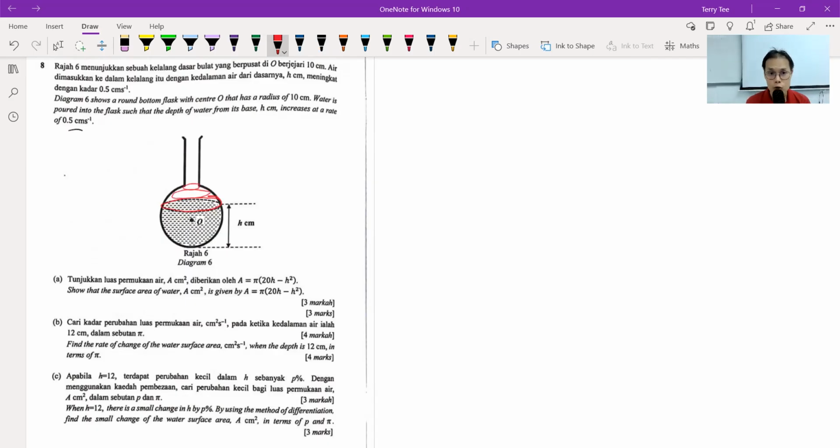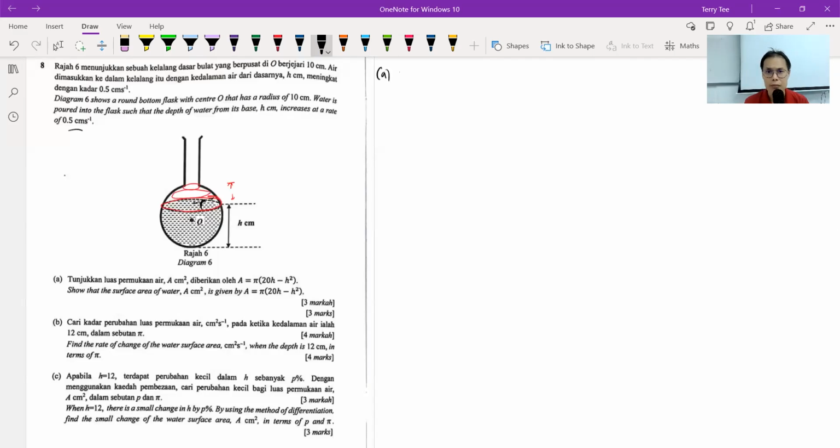This is only true up to this level. After this level, the surface area of water doesn't change. But we want to know the relationship between the radius of the water surface, let's call it r, and h. What is the relationship between r and h?